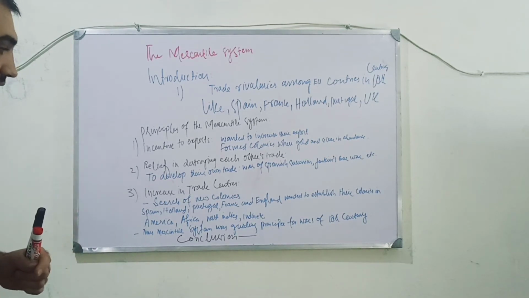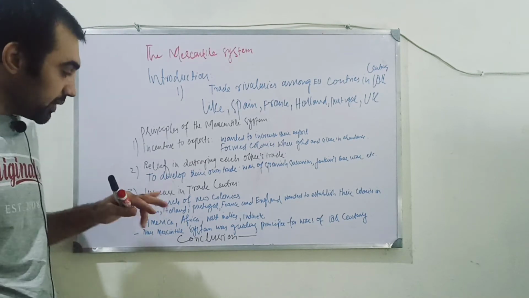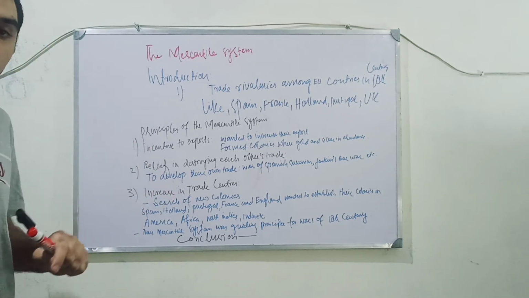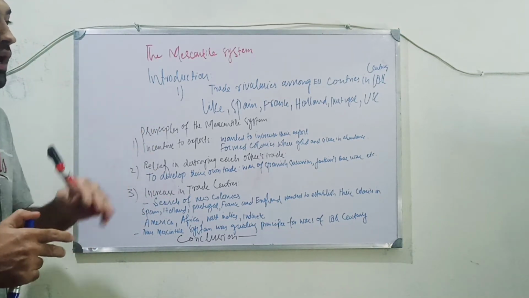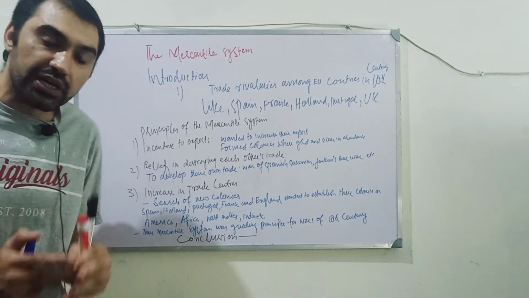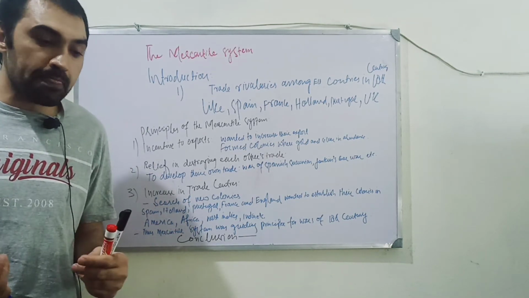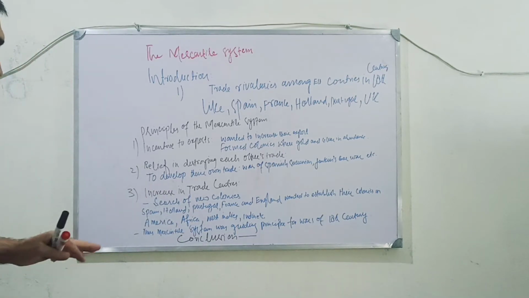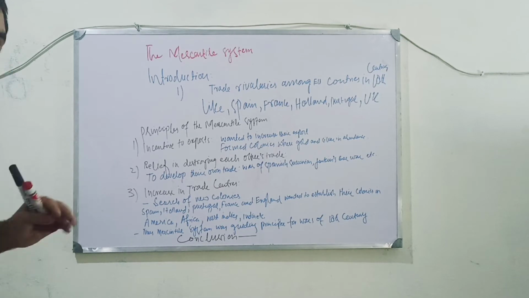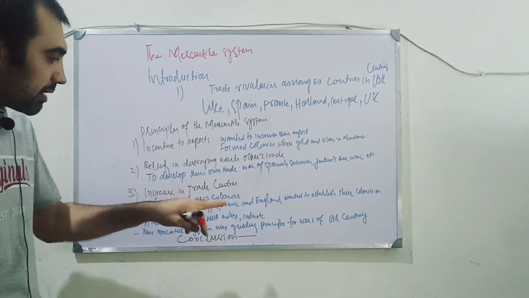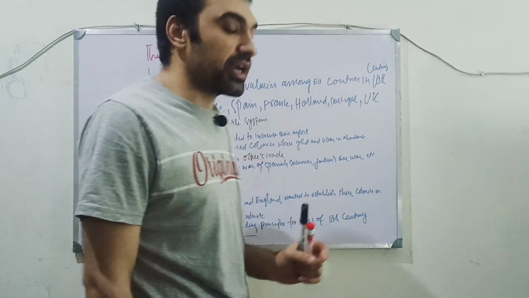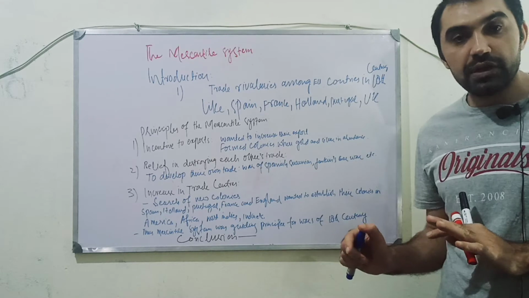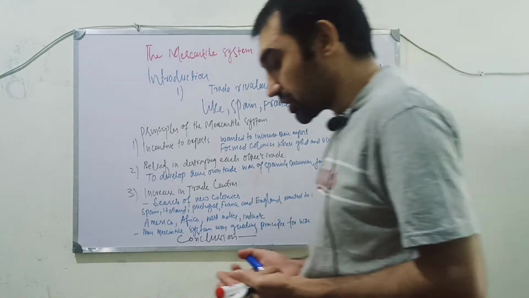For this reason, they would search for new colonies. They would go to any part of the world where they could settle their colonies and maximize their export activities. And for this reason, Spain, Holland, Portugal, France, and England wanted to establish their colonies.